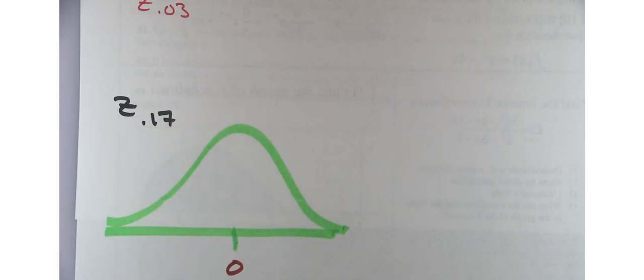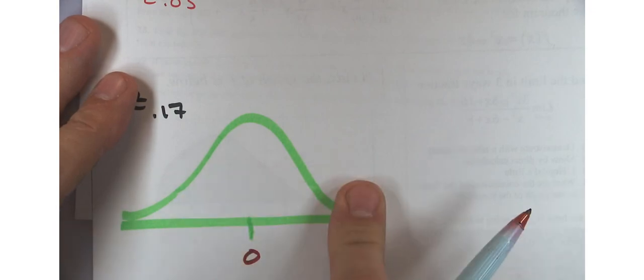What am I asking you to find relative to the standard normal curve? 17% of the area in the right tail. Should I be drawing Z sub 0.17 on the right side of 0 or the left side? It has to be on the right side, correct? Because if it was on the left side, then more than 17% of the area would be in the right tail. So let's draw that on the right side.